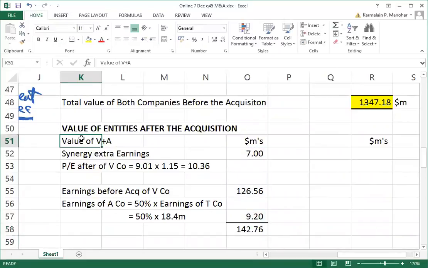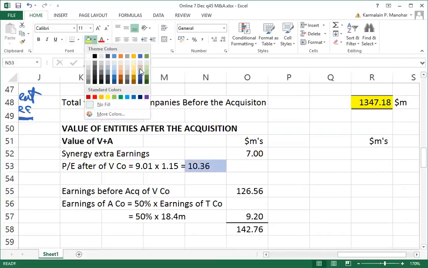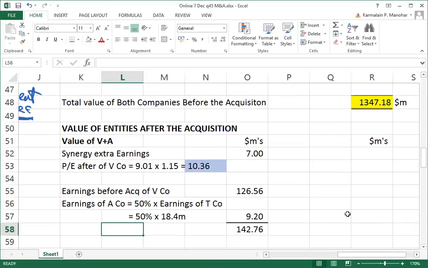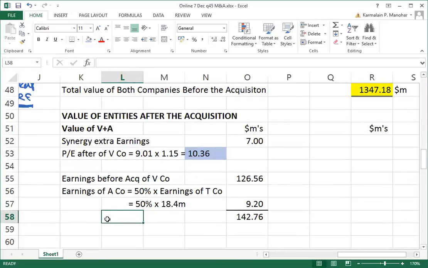Value of V and A: 142.76. Any queries here? And now we're going to multiply by this 10.36 that we mentioned earlier. So I just worked it in the note. I could have brought it back down here. I would have probably had a little better structure down there, but I already wrote it in.